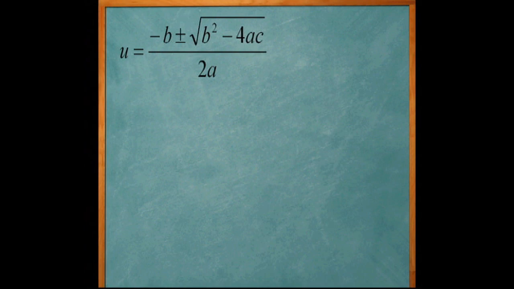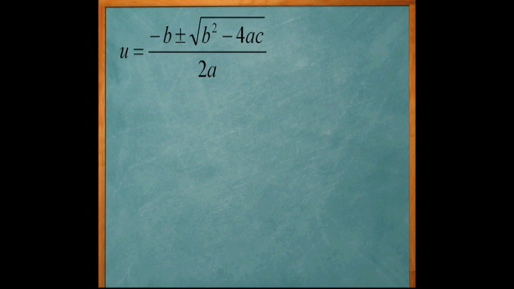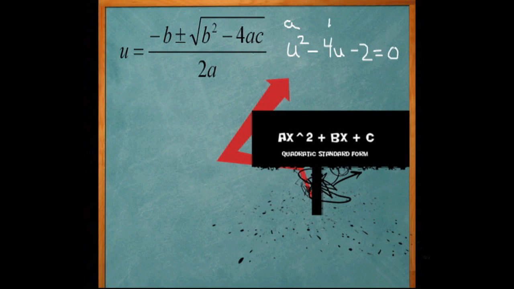All right, so remember your quadratic formula. It's negative b plus or minus the square root of b squared minus 4ac all over 2a. So if we bring back our original equation that we substituted, remember we have u squared minus 4u minus 2 equals 0. And remember the coefficients are your a, b, and c. So a is 1, b is negative 4, and c is negative 2.